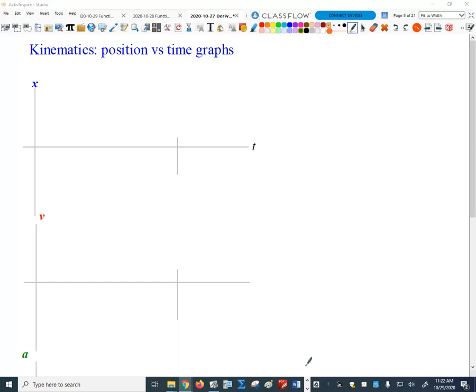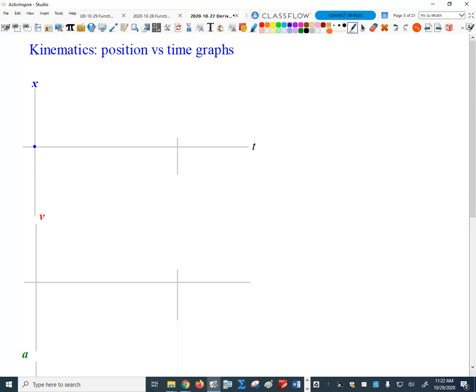Okay, what do you think the position time graph might look like? And let's get some other people contributing. I don't care if it's right, but I just want to know, what do you think it might look like? Let's take a couple key points maybe. I started off, I was at rest at the starting line, right? So wouldn't that be a point right here?